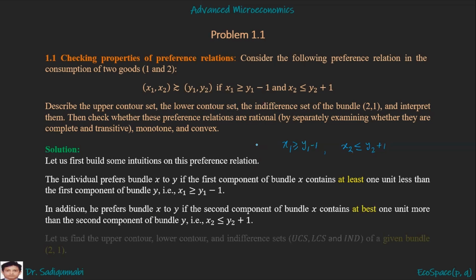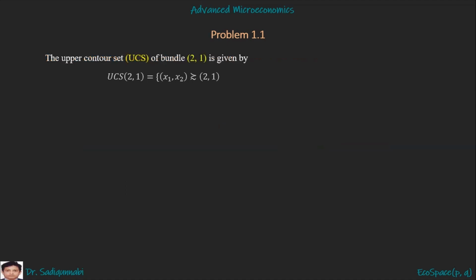So let's move on. We are going to find the upper contour set, lower contour set, and indifference set, UCS, LCS, and IND, of a given bundle (2, 1). First, the upper contour set.